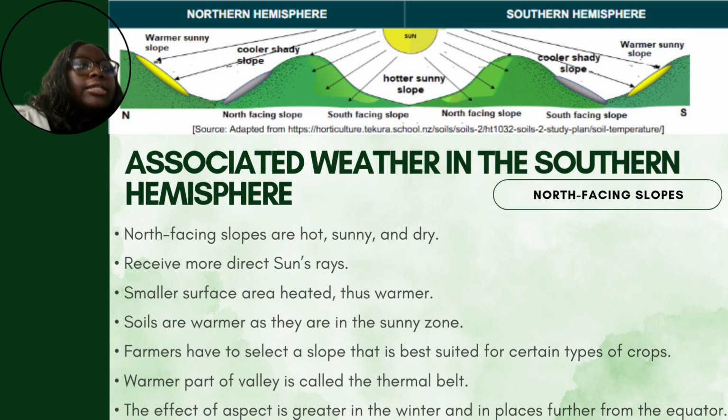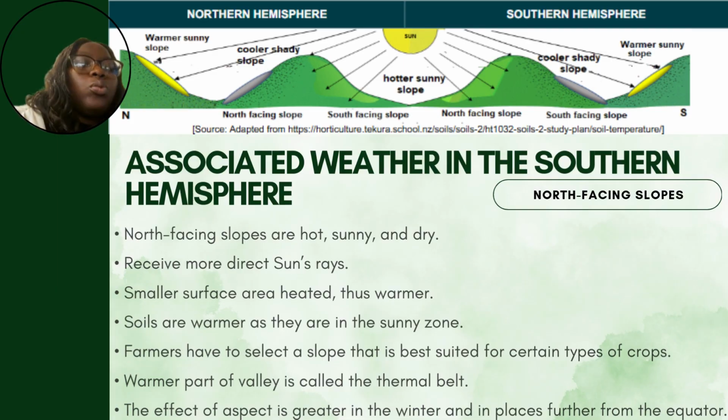And now we'll look at the associated weather that might occur in the southern hemisphere, looking at the north-facing slopes. North-facing slopes are usually hot, sunny, and dry, and they usually receive more of the direct sun's rays, as you can imagine. So we have a smaller surface area that is being heated and thus it becomes warmer.